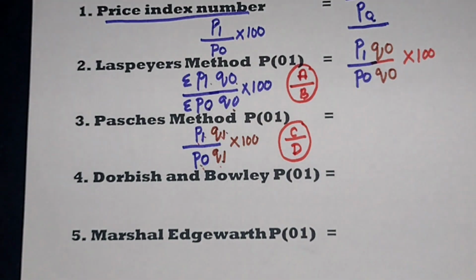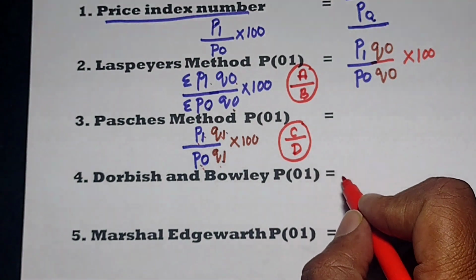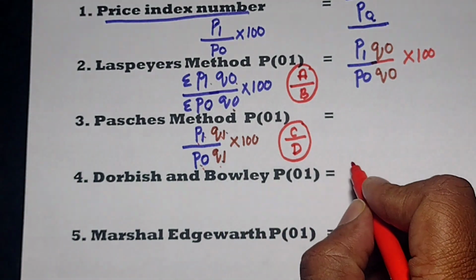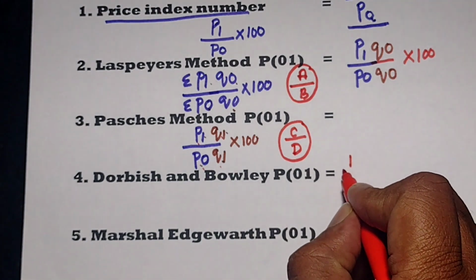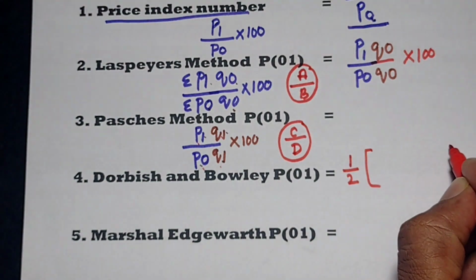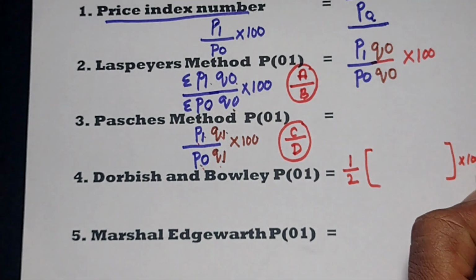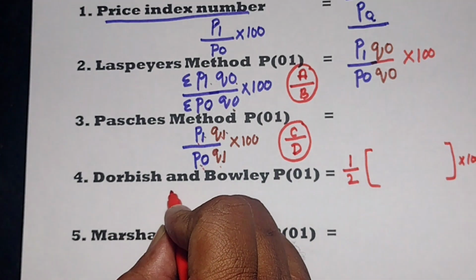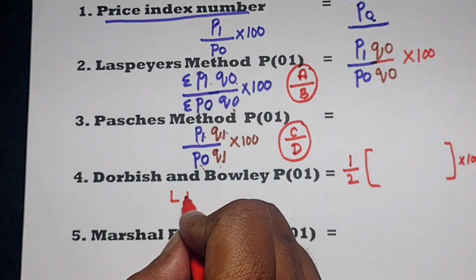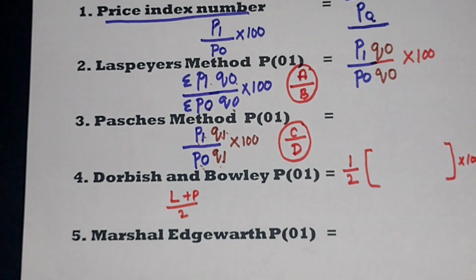Next, coming to Dorbish-Bowley. So he extends the formula by taking the average of both the persons. Half of that is the average of both. Some persons will call it L plus P divided by 2.